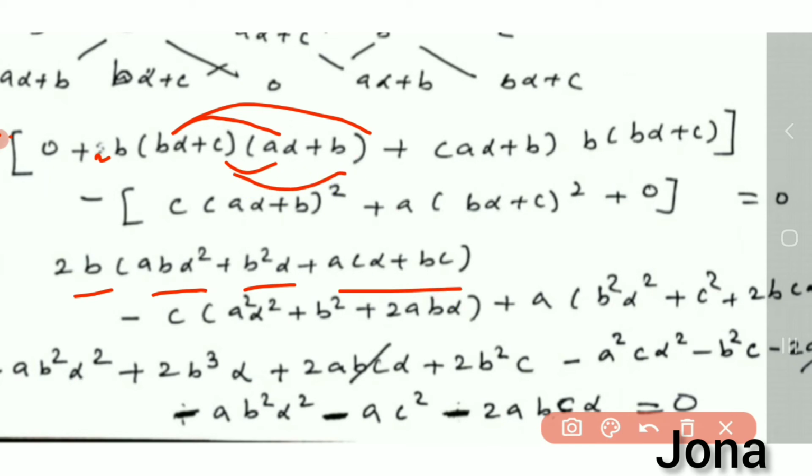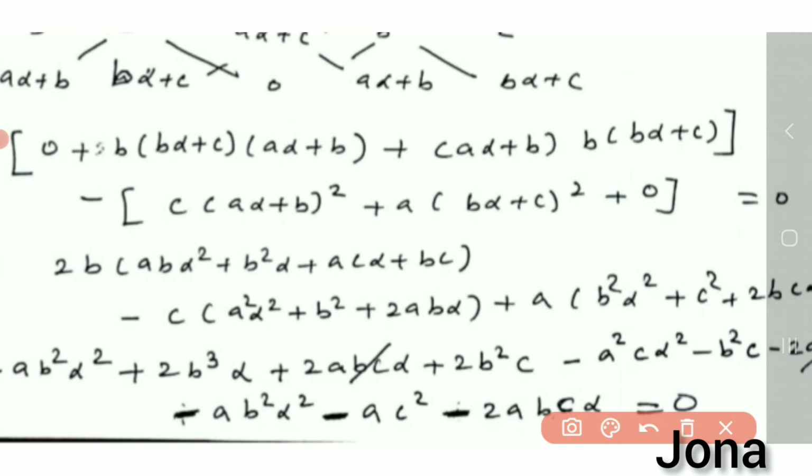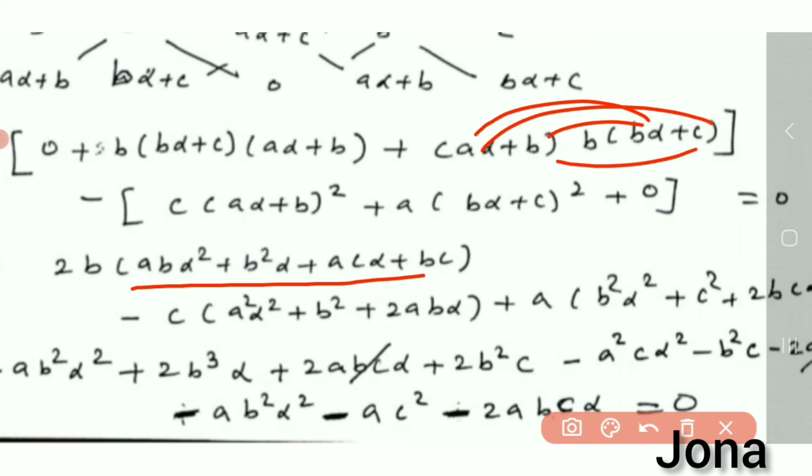The next one, we multiply the next bracket, c into a alpha into b alpha, that's nothing but a square b square alpha square. Likewise, we multiply each and every term.